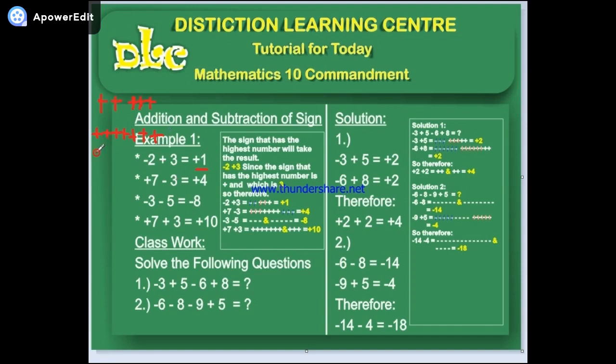So that means minus 3: 1, 2, 3. So that is 3 minus. So let the minus cancel the plus. That means 1 cancels this, 2 cancels this, 3 cancels this. So what now remains? It remains only 4 plus. If you count it, 1, 2, 3, 4. That means the remaining is plus 4. So definitely plus 7 minus 3 will result in plus 4.